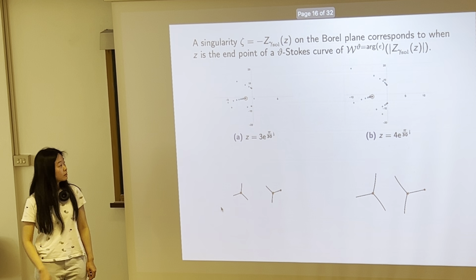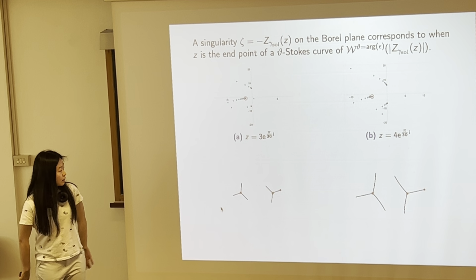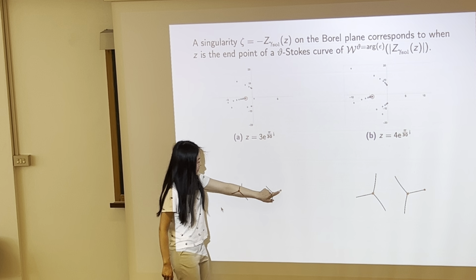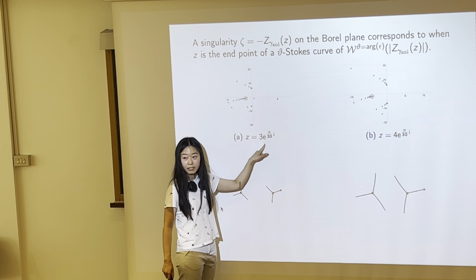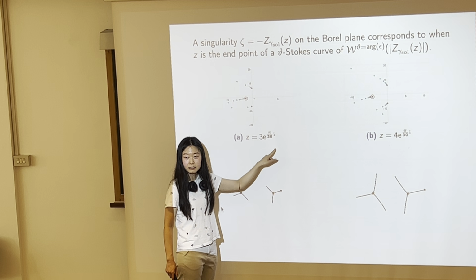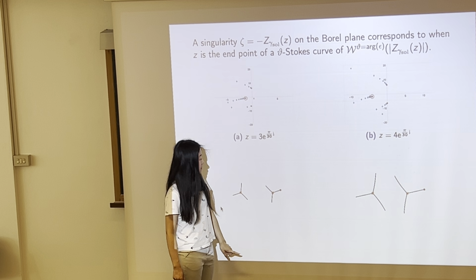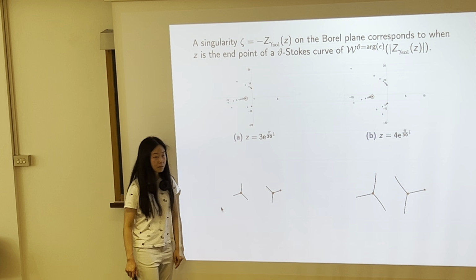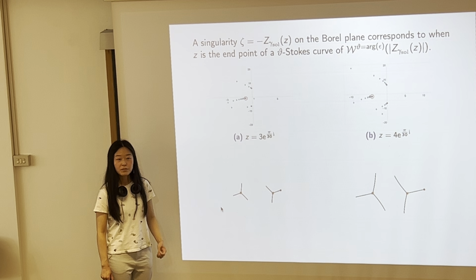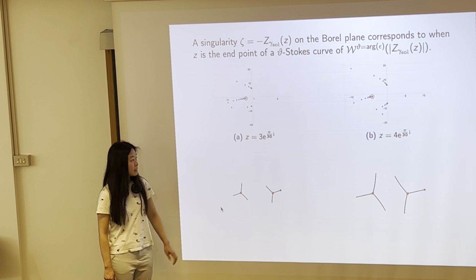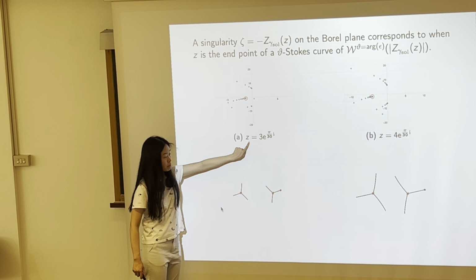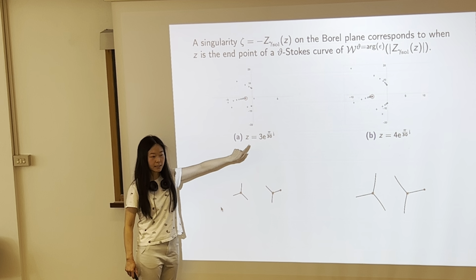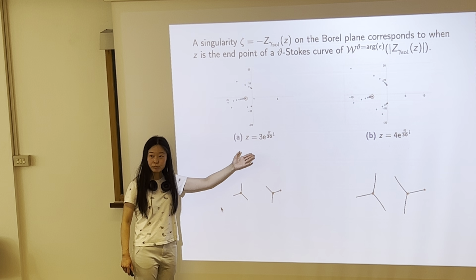Can you go back? What are the red dots in the Stokes graph? Yeah, so this red dot is this point Z equals this thing. But that was a choice. So the Borel plane, right? This is the Borel plane for this point, because this series is in epsilon, but Z is like a parameter there.